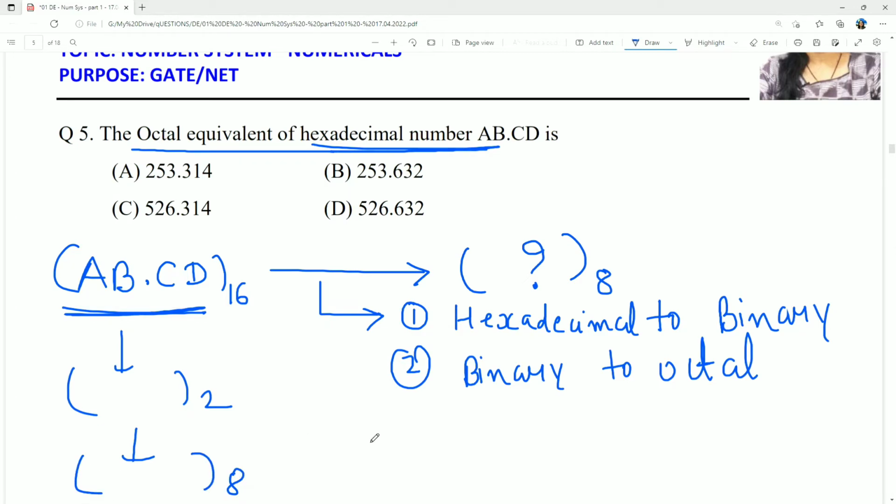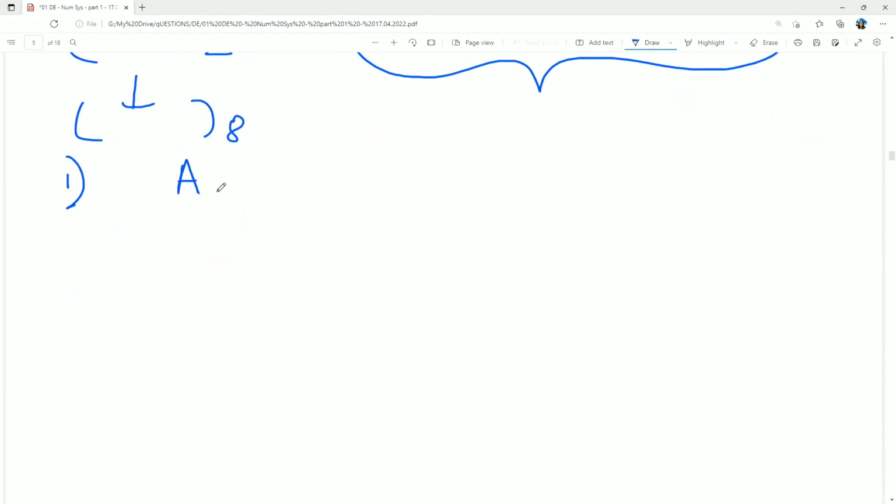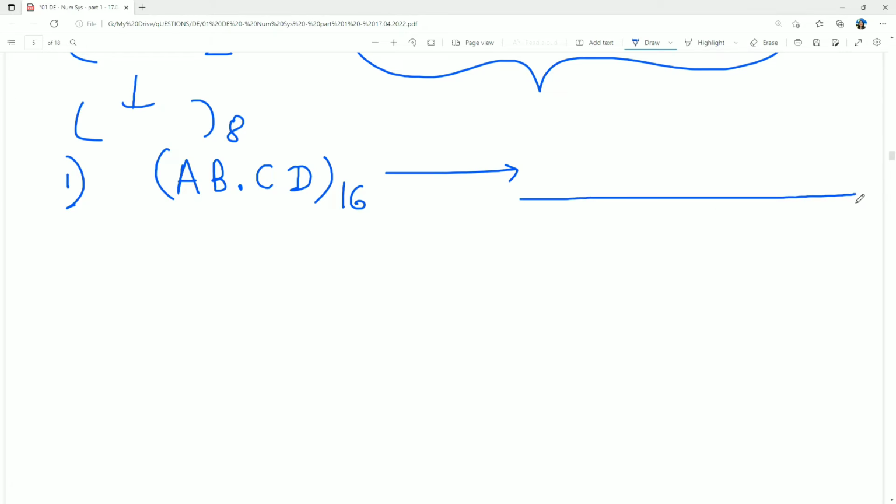Fine. So we'll solve that question step by step. As mentioned in the first step, you have a number AB.CD. Firstly find what will be the binary representation of that number.